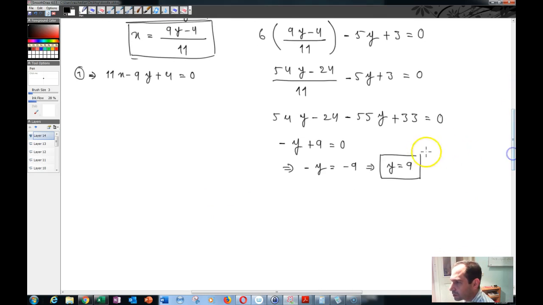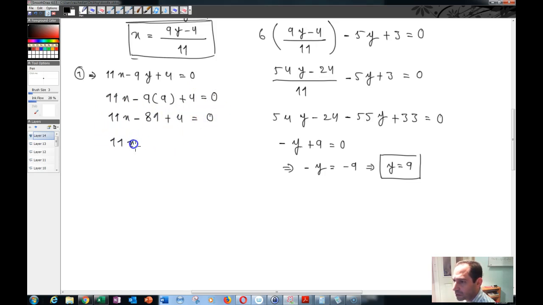Since y is equal to 9, substitute y in this equation, you will get 11x minus 9 times 9 plus 4 is equal to 0, and 11x minus 81 plus 4 is equal to 0.